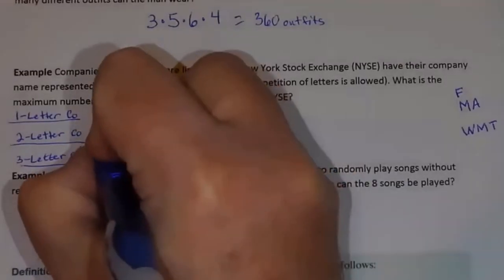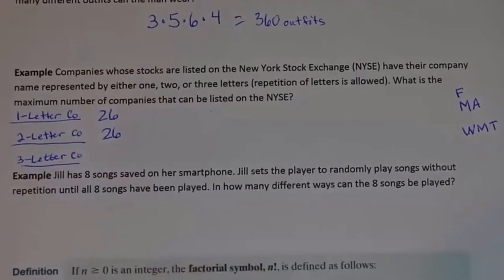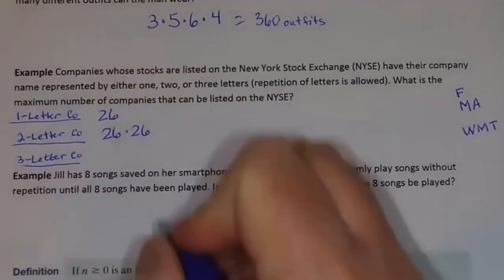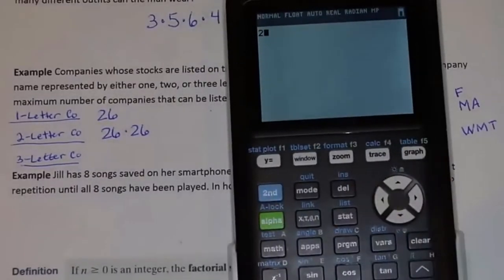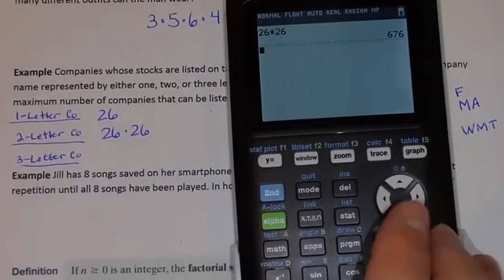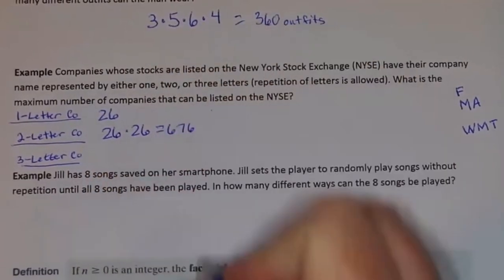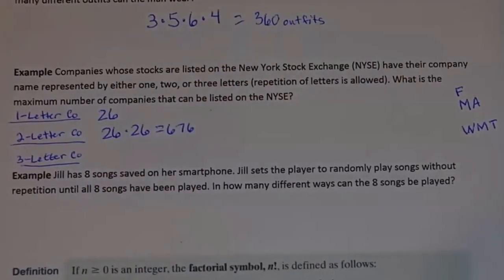Well, there could be 26 letters for the first letter, and then 26 possibilities for the second letter. So if I take 26 times 26, that's 676. There would be 676 companies that could be represented by two letters.